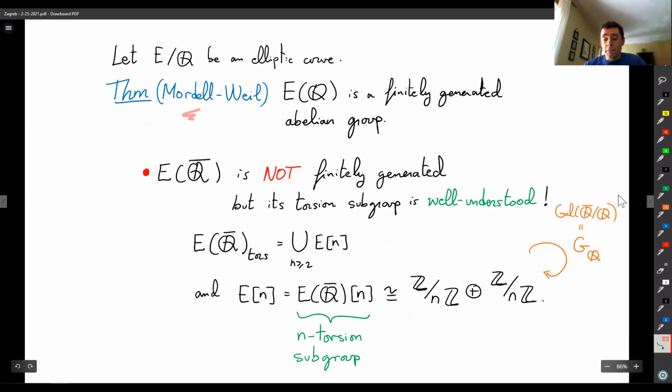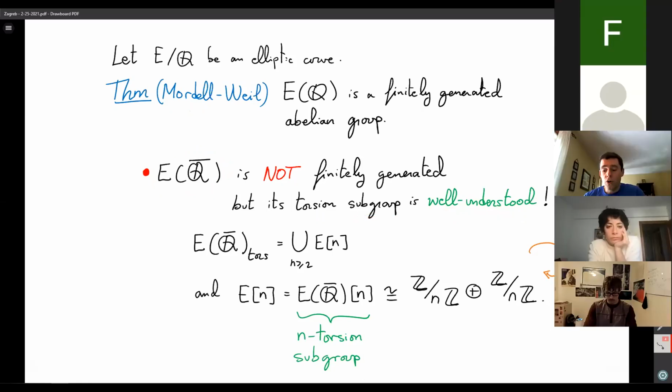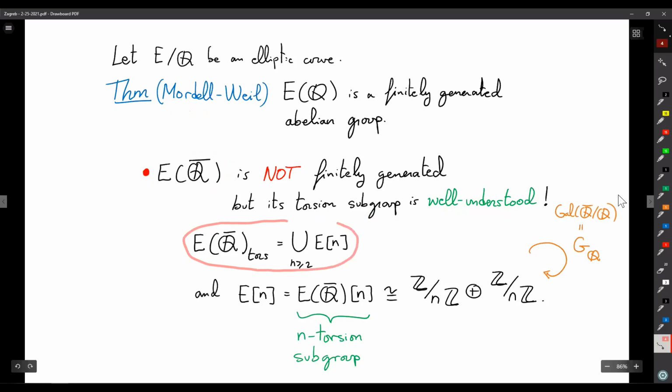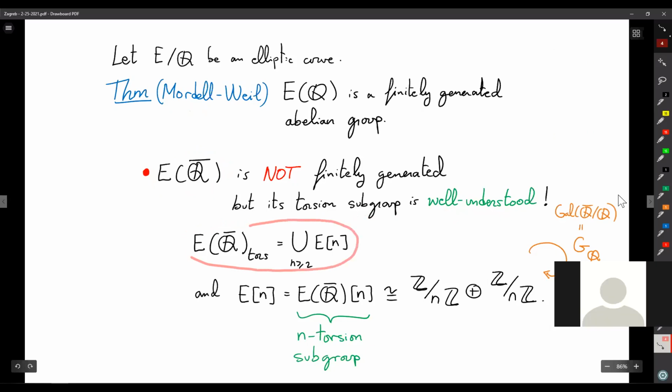But the point is that if you extend to Q bar, then the points over Q bar are not a finitely generated group. It's still an abelian group, but it has infinite rank. However, the torsion subgroup is well understood. We know the structure of that torsion, so you just have to adjoin all the n-torsion points.